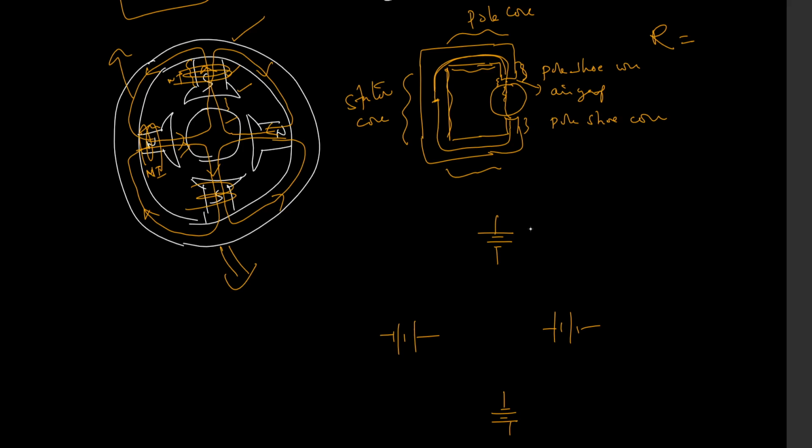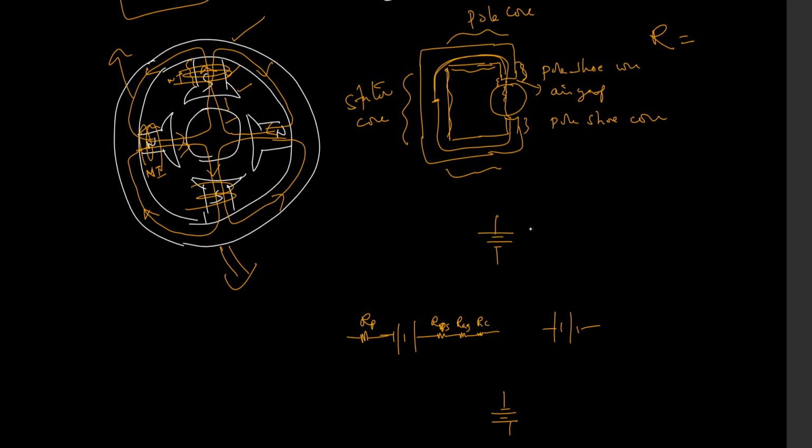Now there is pole reluctance, then there is pole shoe reluctance, this is pole shoe reluctance, then there is reluctance due to air gap, then there is reluctance due to core.